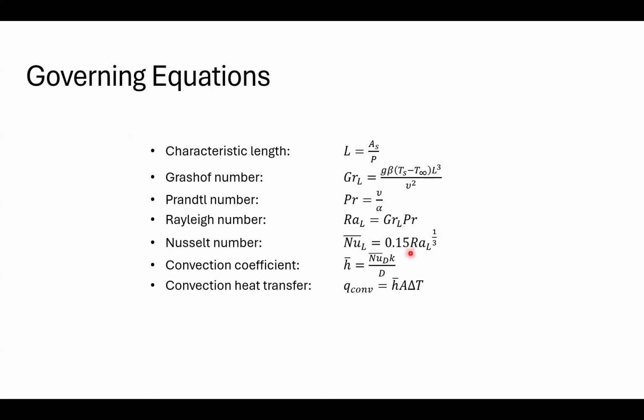The Nusselt number will then be used to solve for the convection coefficient, where you have the Nusselt number times the conductivity of the fluid divided by the characteristic length here, so the surface area divided by the perimeter. And then we need to find the convective heat transfer rate. So that's given by the convection coefficient times the area times the change in temperature.